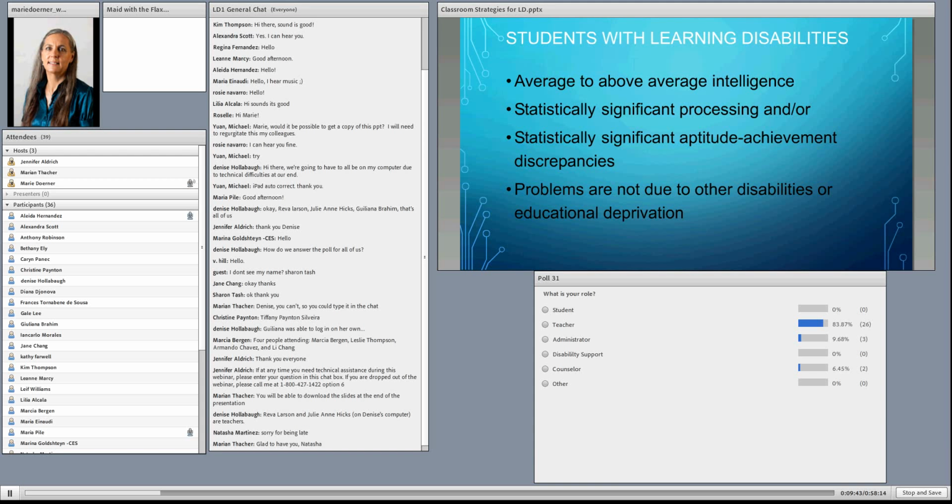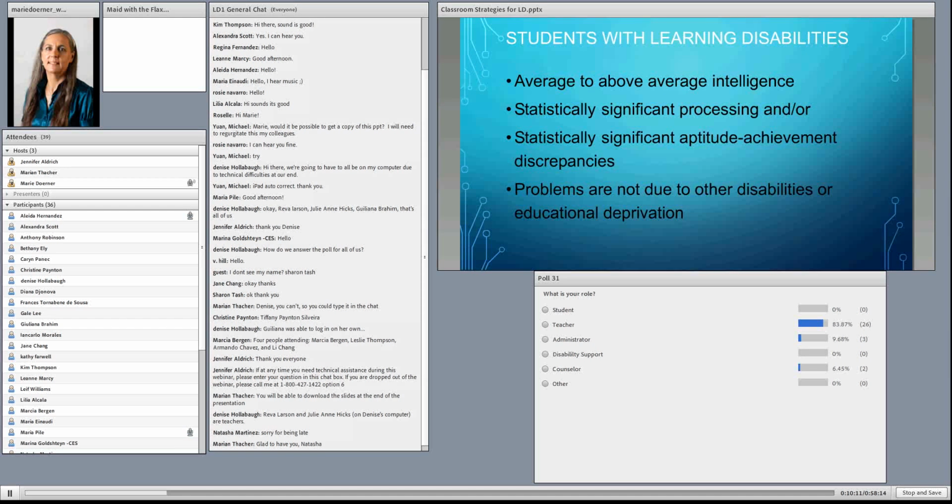And this has changed also for us as well, because of this and/or on the next two categories. The statistically significant processing, which means the different parts of their brain work at different levels. And so some of the tasks they can do the same as everybody else, and in other areas they really are weak.